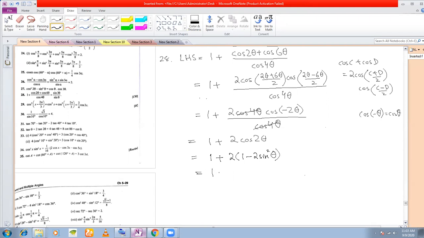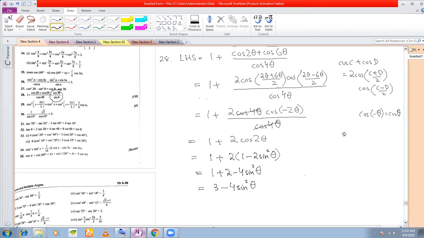So this becomes 1 plus 2 minus 4 sine square theta. So this becomes 3 minus 4 sine square theta. Now you have to show this is equal to sin 3 theta by sin theta.